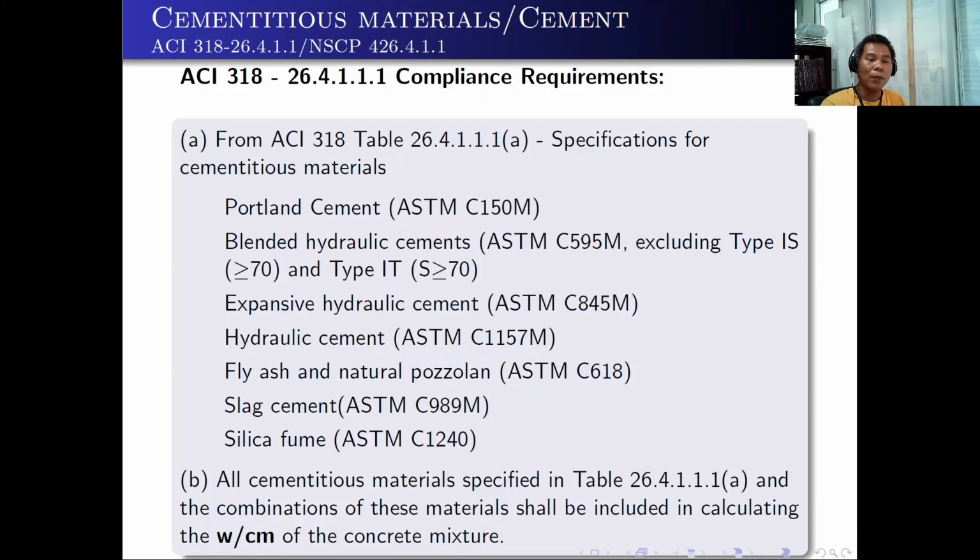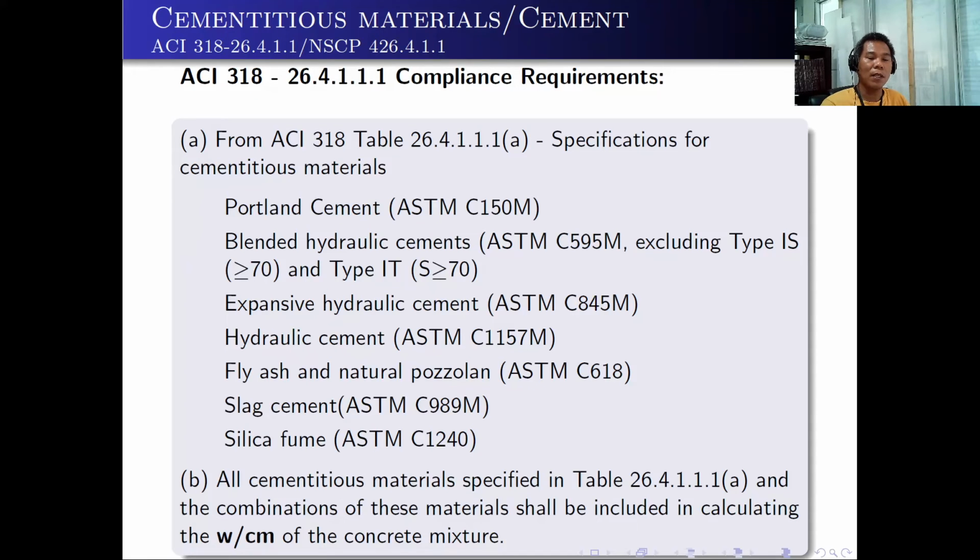So this is very important that you have to understand these different specifications. Expansive hydraulic cement is ASTM C845. Hydraulic cement is ASTM C1157. Fly ash and natural pozzolan ASTM C618. Slag cement ASTM C989 and silica fume ASTM C1240.